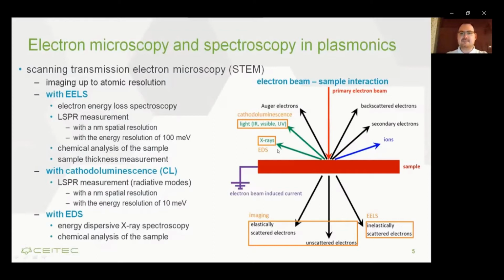Another part of useful photons are X-rays, and with energy dispersive X-ray spectroscopy, we can do the chemical analysis of the sample.